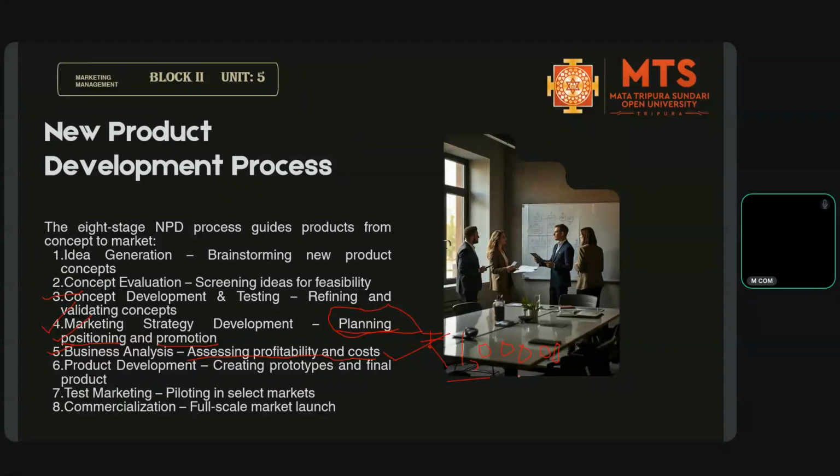If the cost is 1 lakh, the price might be like 1 lakh 50, 1 lakh 60, or 1 lakh 80. So the burden on the company increases: if the product is 1 lakh, then how will it be saleable or scalable or survive in the market?